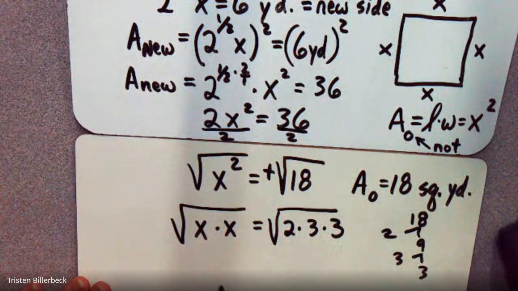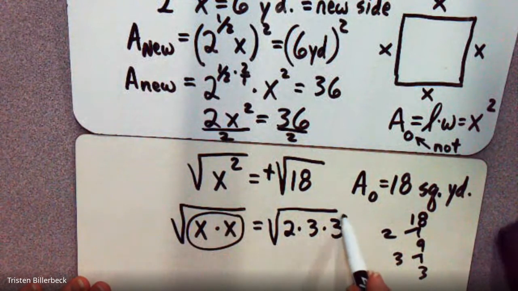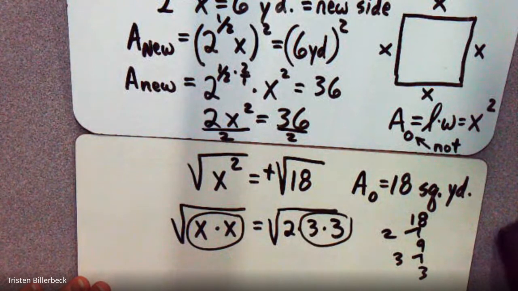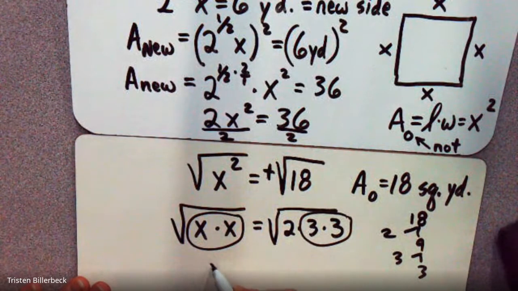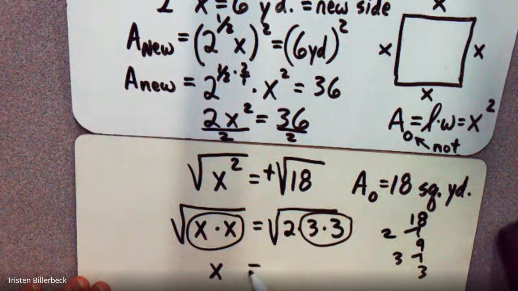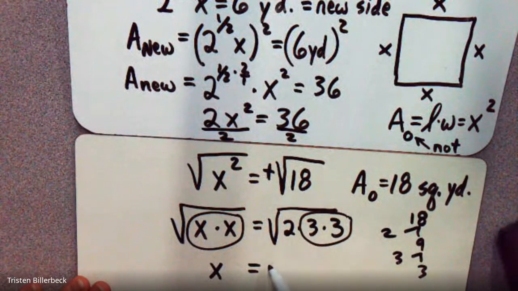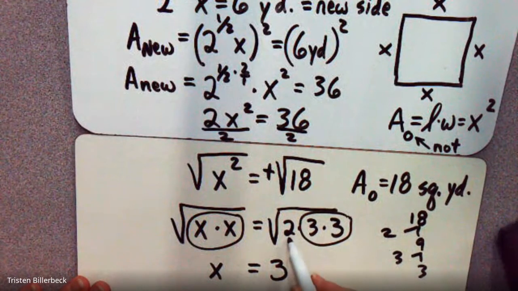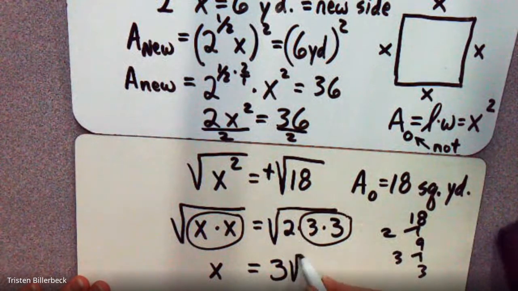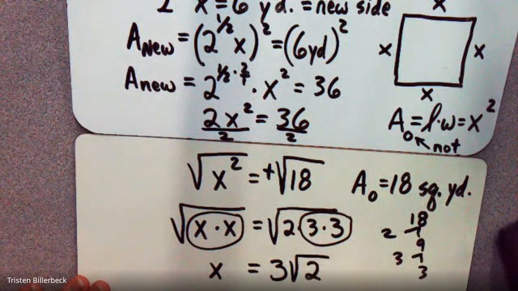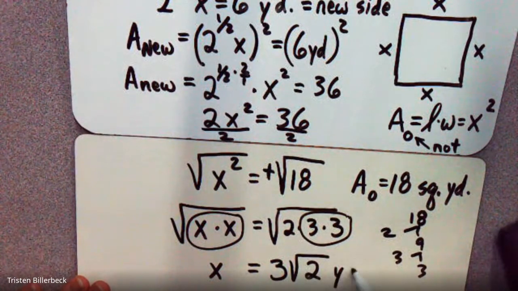All right. When I have 2 of a kind, they get to leave the safe house of the square root house. So that means this x gets to leave as a united front of x, and these 3's get to leave as a united front of 3. But this 2 is alone, so it stays home. So we have 3 square root 2 yards.